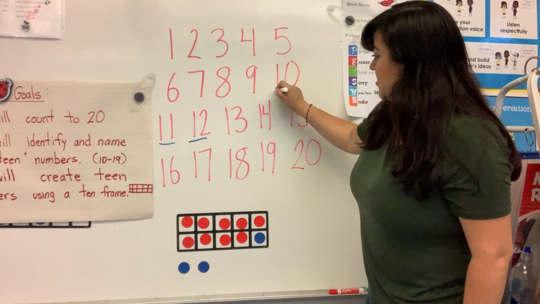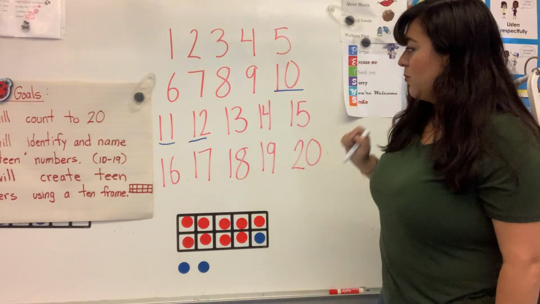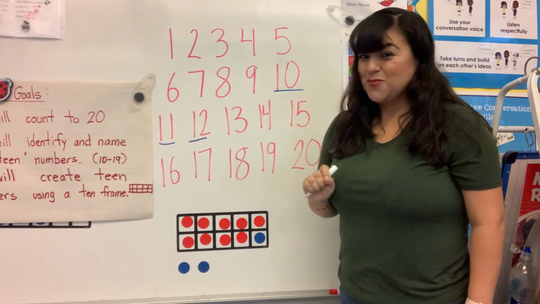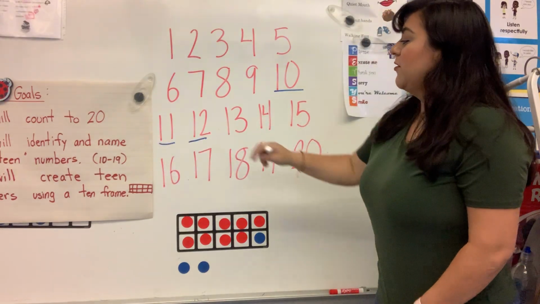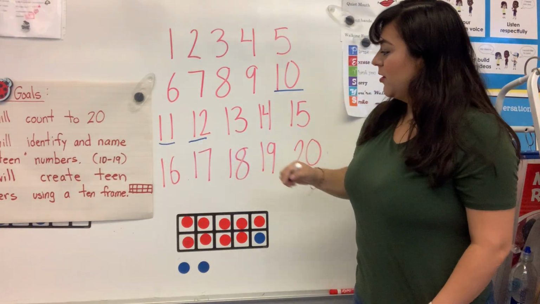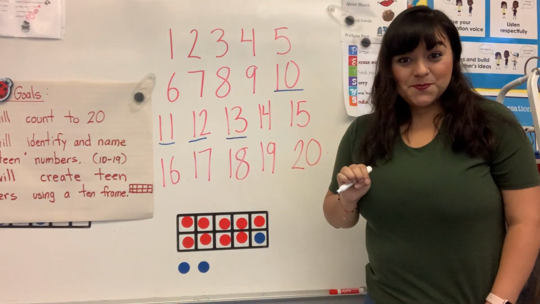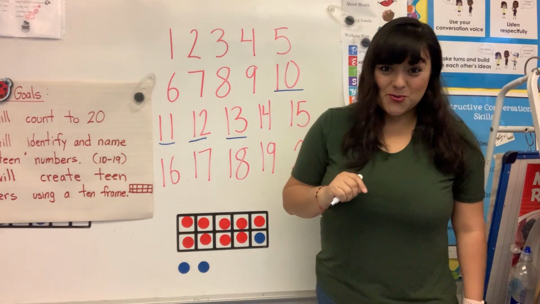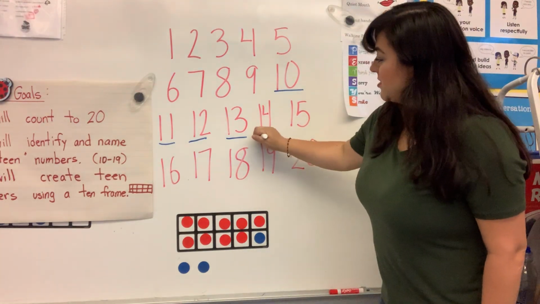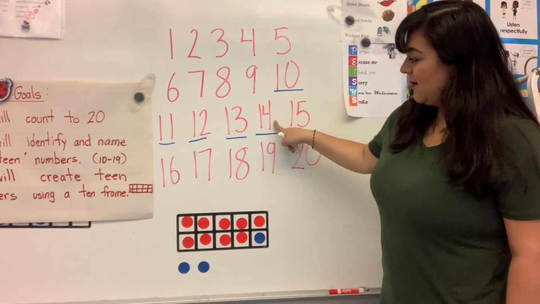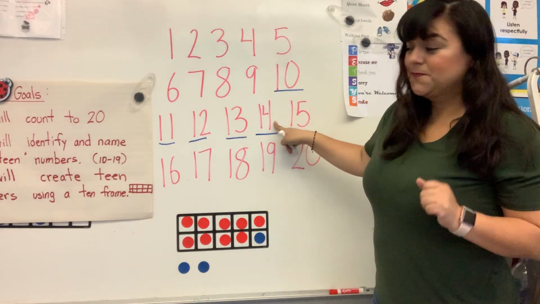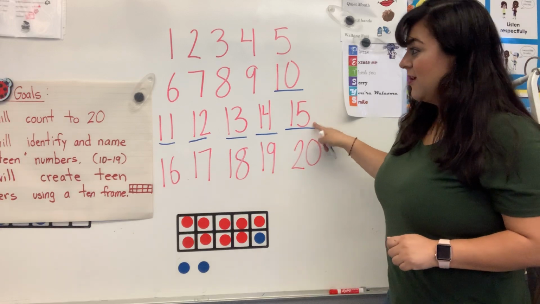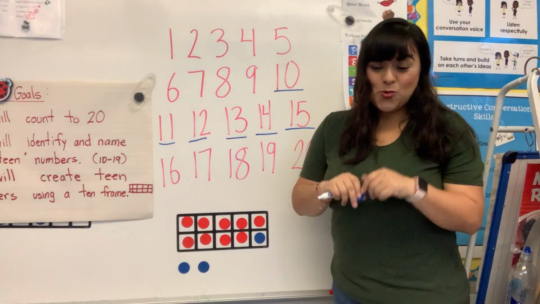So the 10 has 10 and 0 more. 11 has 10 and 1 more. 12 has 10 and 2 more. What about 13? If you said 10 and 3 more, you're correct. 14, 10 and 4 more. 15 has 10 and 5 more.